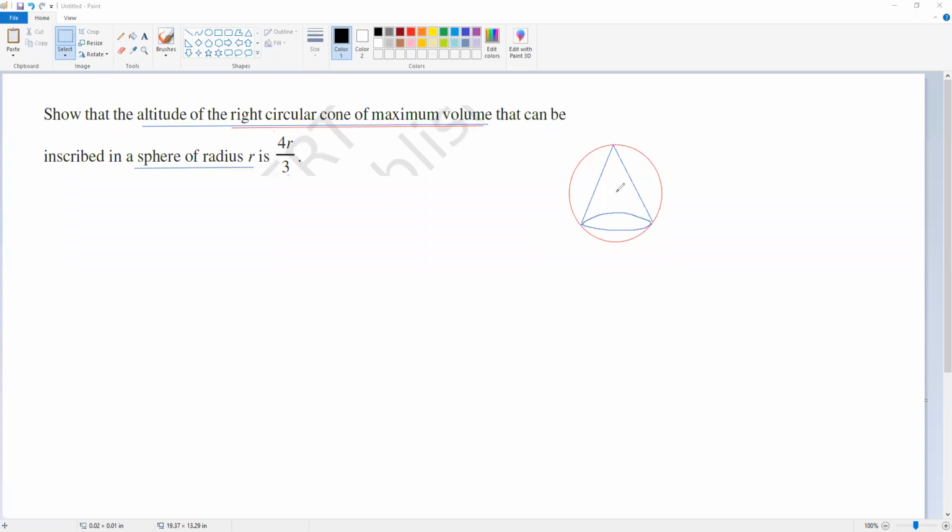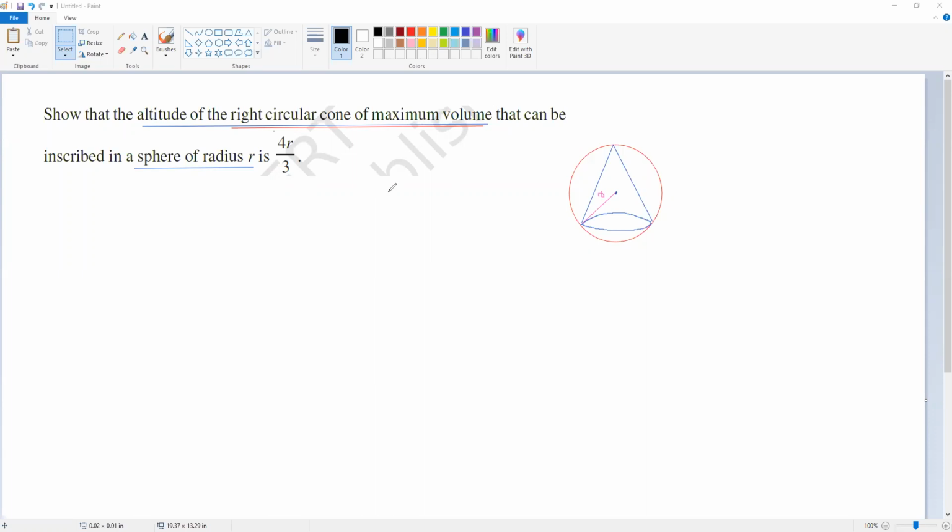Let O is the center of the sphere, and given that radius of the sphere is r. That means this is fixed. This is equal to r. Sphere of radius r.